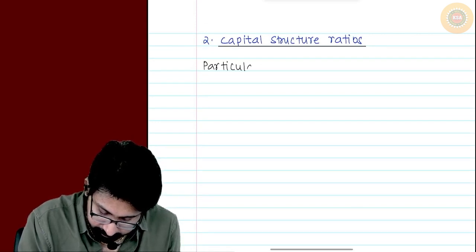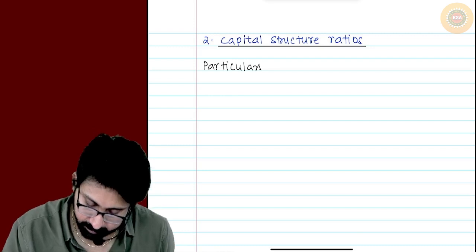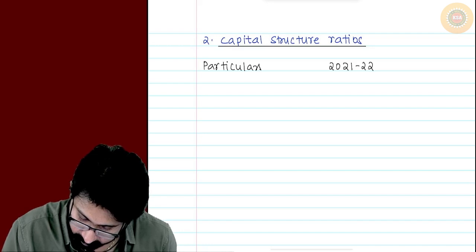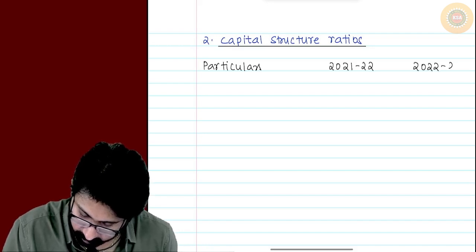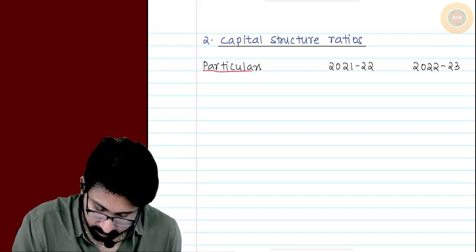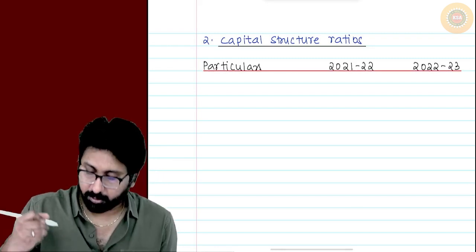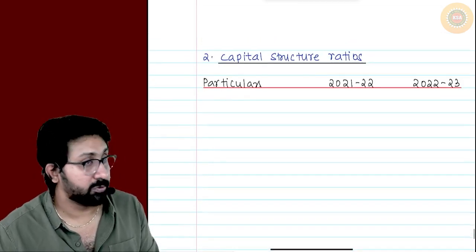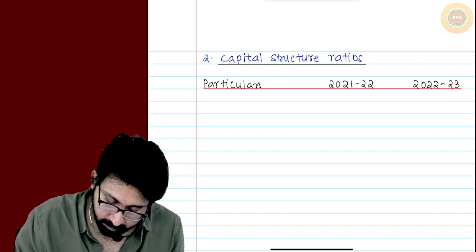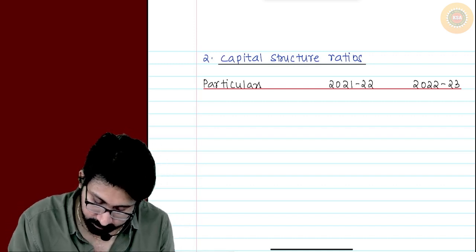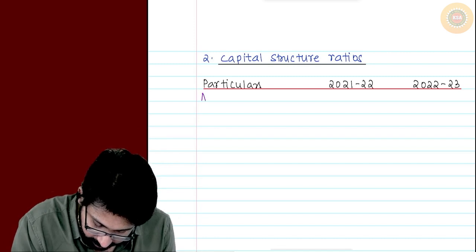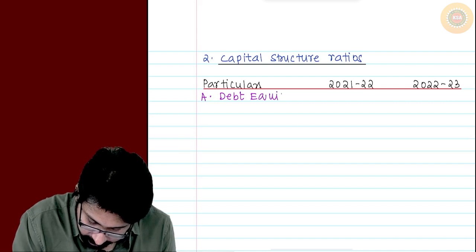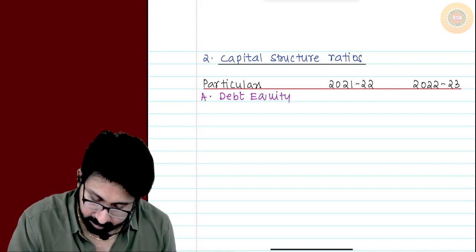Particulars. '21, '22 and '22, '23. Capital structure ratios. First, A. Debt equity ratio.